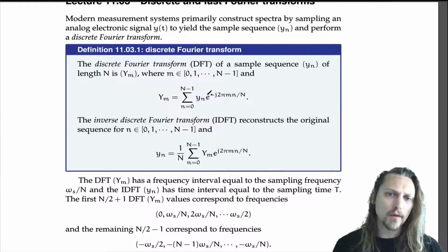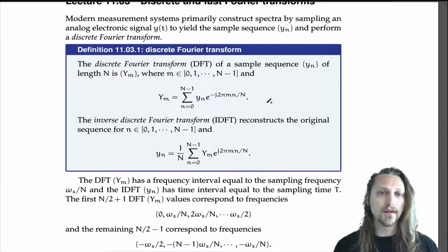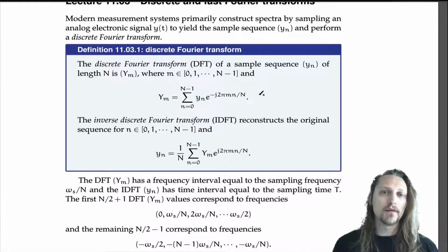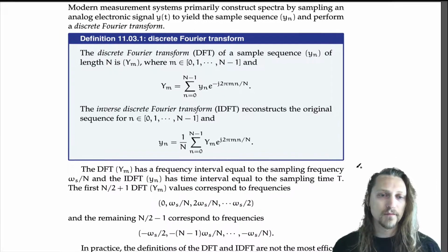It's much more frequently the case that we need the discrete Fourier transform than the inverse, because typically we have a time domain signal that we've measured. We would like to find the frequency domain representation of that time domain signal.